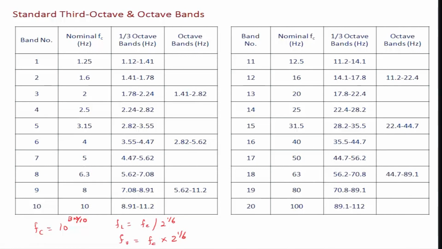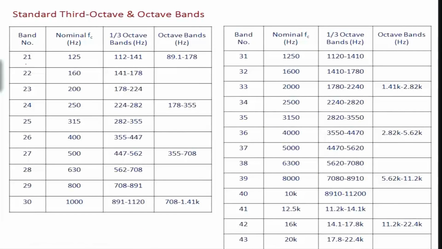So, I have calculated different band central frequencies. From that I have used these relations to compute upper and lower frequency limits, and then I see that each time my band number increases by 3, I get a factor of 2. Okay. So, 3, 6, 9, of course it should not be here, oops.